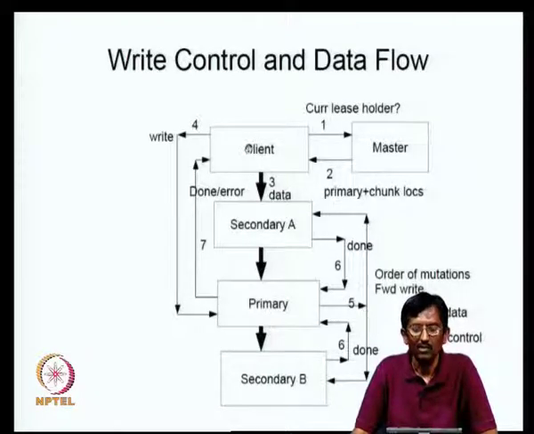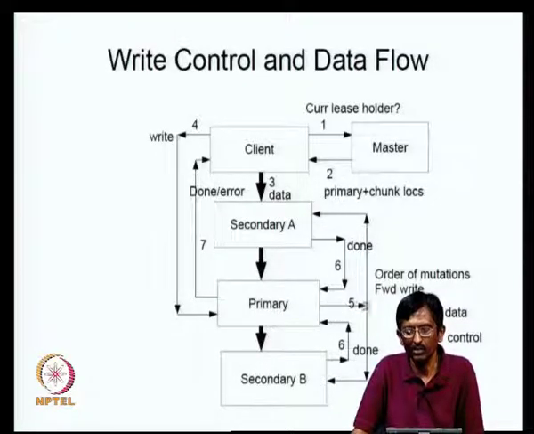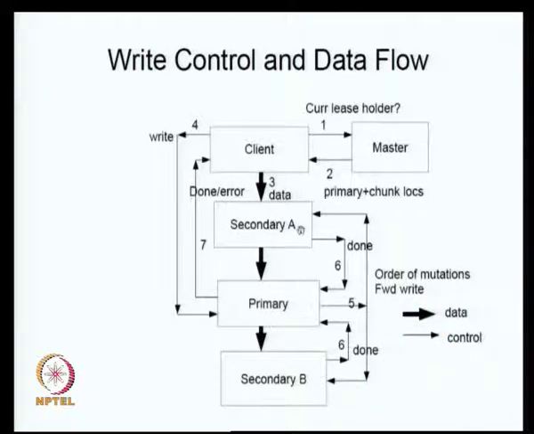And then once all the locations, primaries and secondaries, report that they got the data, then the client actually does the act of committing the writes, because all the data will be sitting in some temporary area. Once the write starts, the primary will decide on a particular order for all the mutations that are going on at the same time, and each of these secondaries will write those things in the same order.